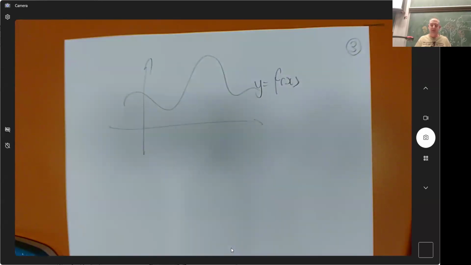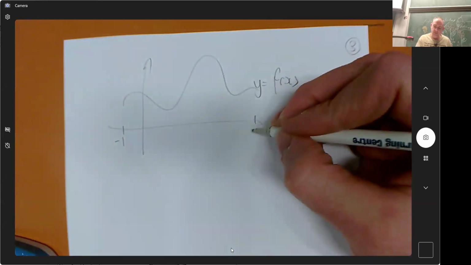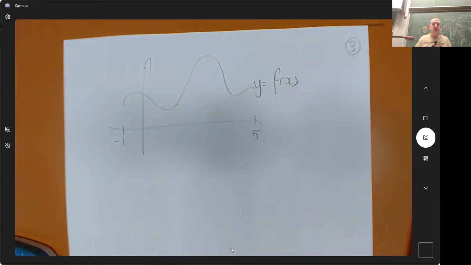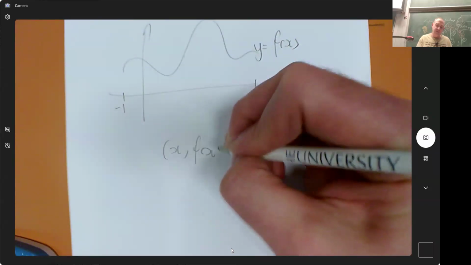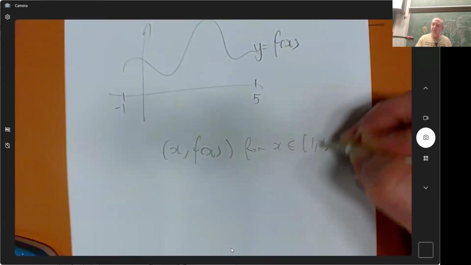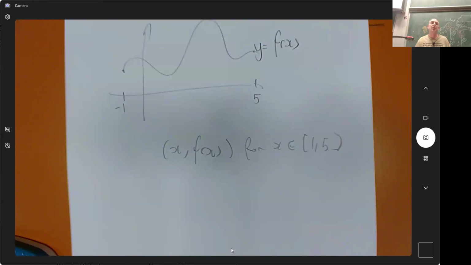Like that. And so this is, you know, if this was -1 and this was 5, then this would be the points x and f of x for x between 1 and 5. It's a perfectly good parameterization.